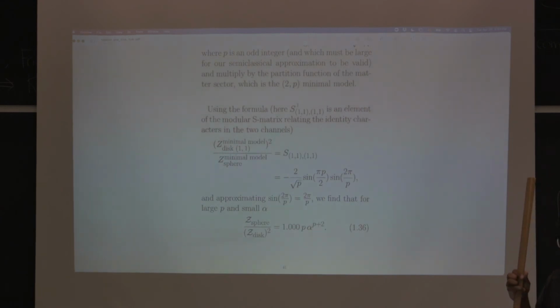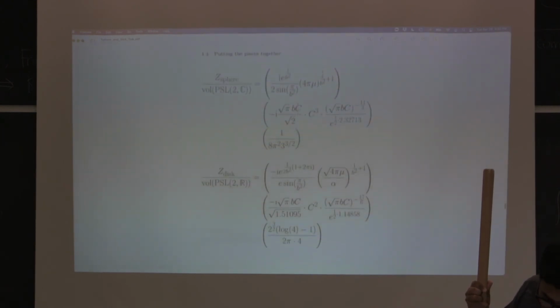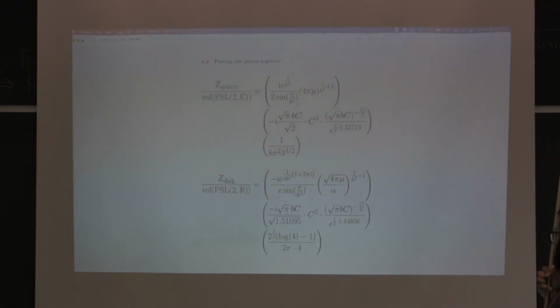Why are you writing 1.000? Because there are various constants along the way that we computed numerically. We were not analytically powerful enough to compute these zeta function products analytically, and we just gave up trying to look for them. The divergent parts, the 1 over epsilon squared and so on, are easy to find analytically.